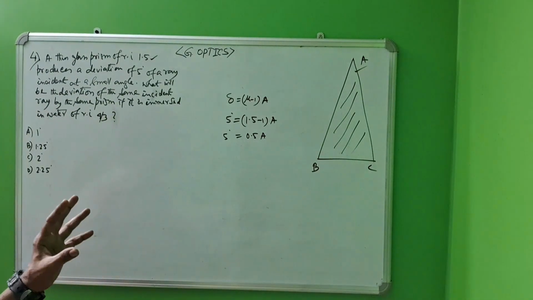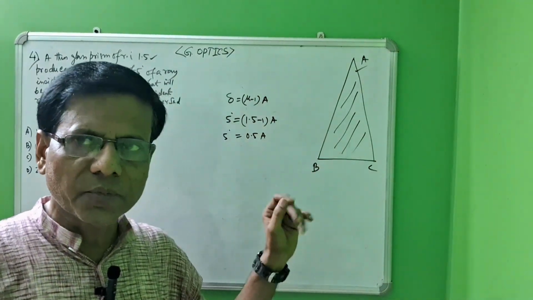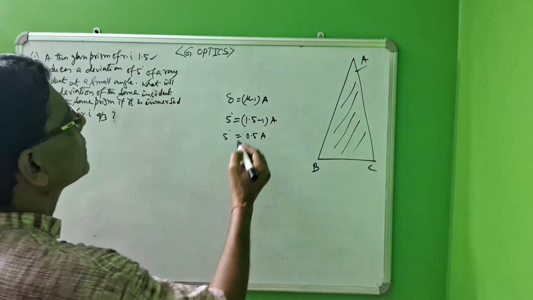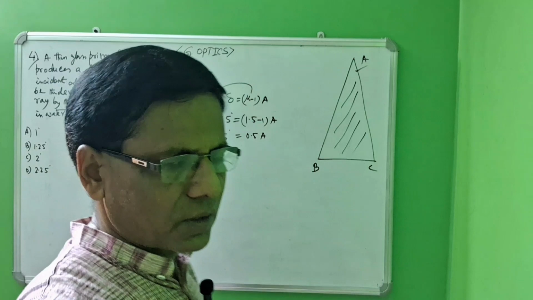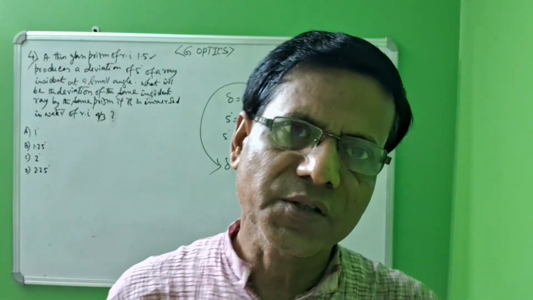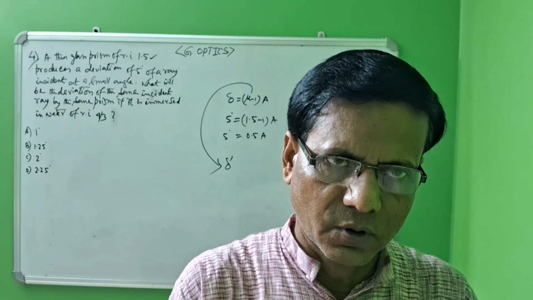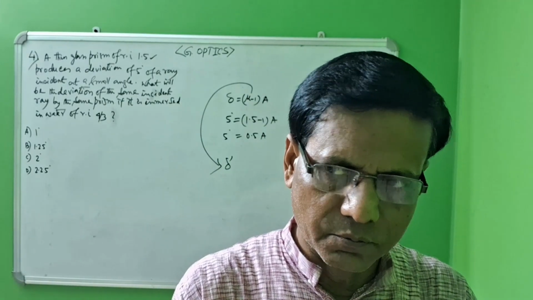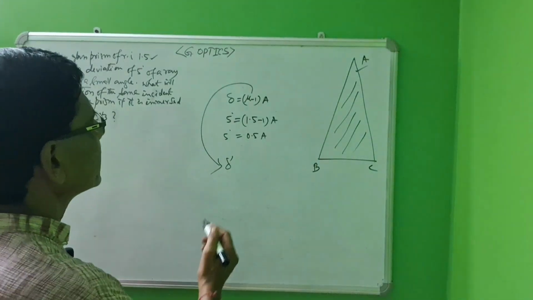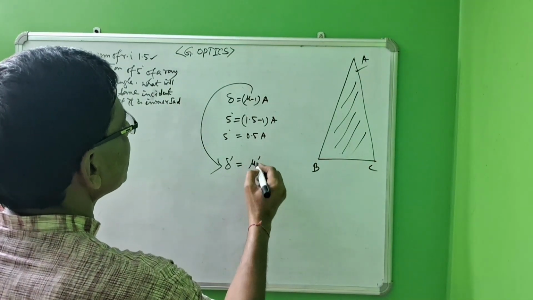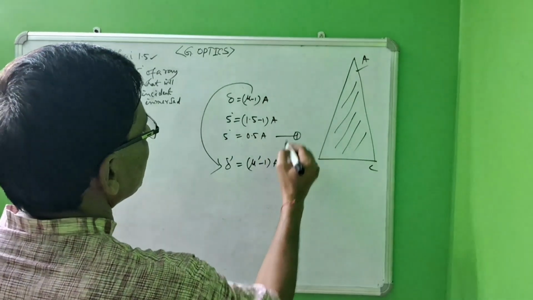Now, according to the problem, this prism is immersed in water. So we have to change this mu to find delta dash, for the same prism and the same incident ray. The new deviation angle is what we have to find. Here delta dash equals mu dash minus 1 into A. So this is number 1, this is number 2.